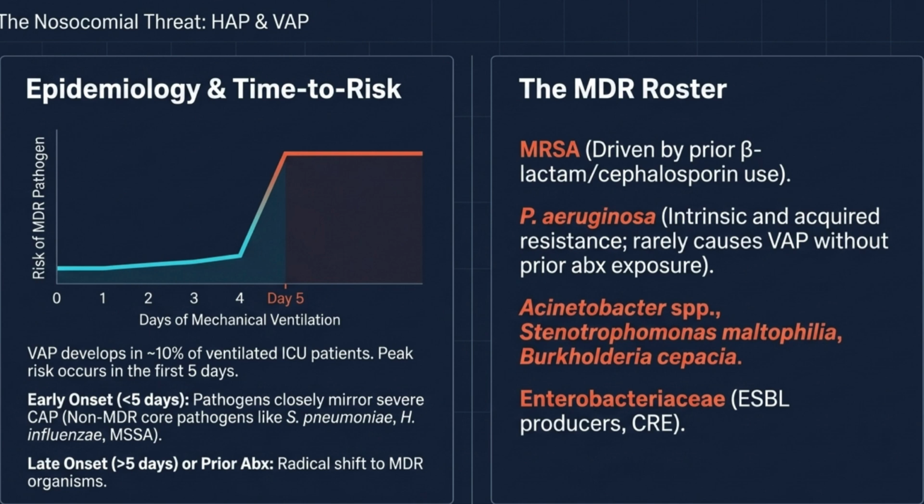When there is a late onset, greater than 5 days, or prior antibiotic exposure, it marks a radical shift toward multidrug-resistant organisms like Pseudomonas aeruginosa, methicillin-resistant Staphylococcus aureus, and extended-spectrum beta-lactamase (ESBL) producing Enterobacteriaceae. Pseudomonas is particularly dangerous because it can develop resistance during treatment.